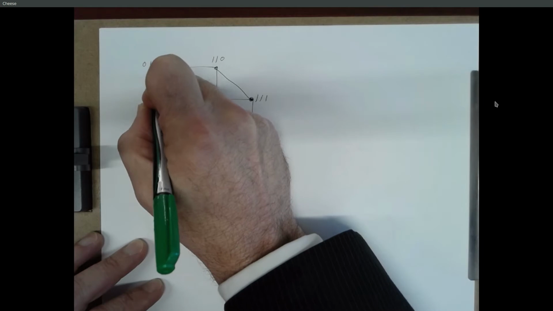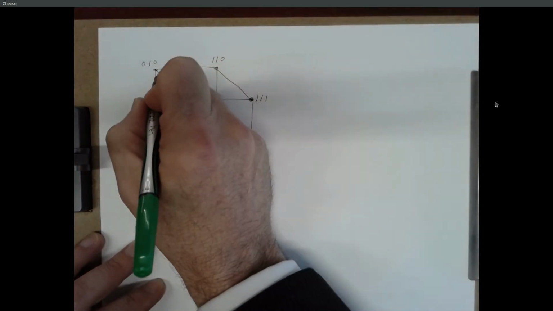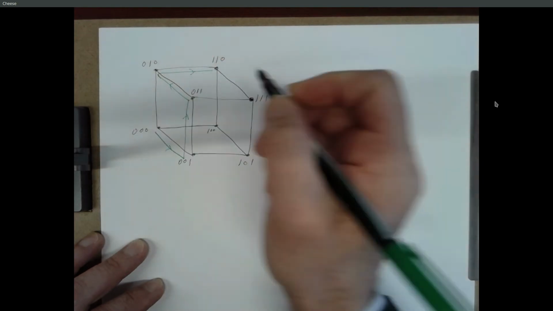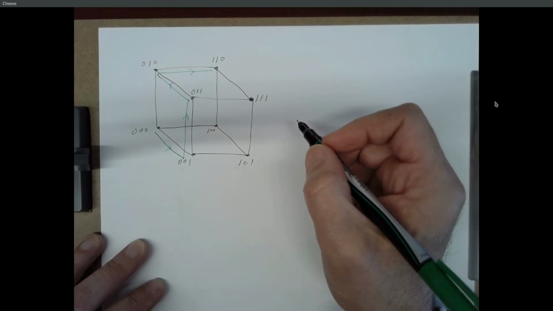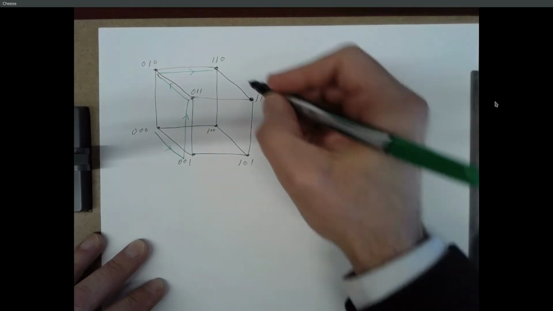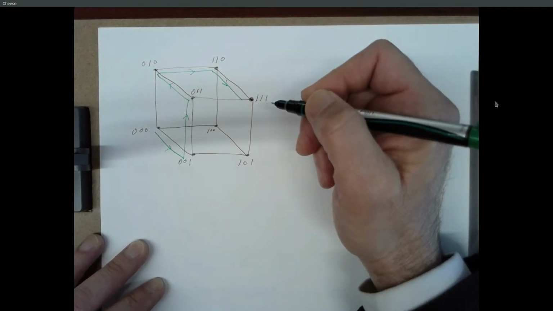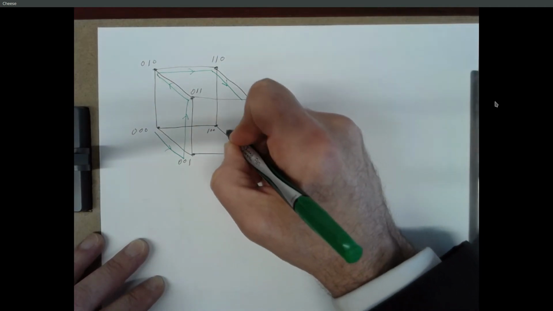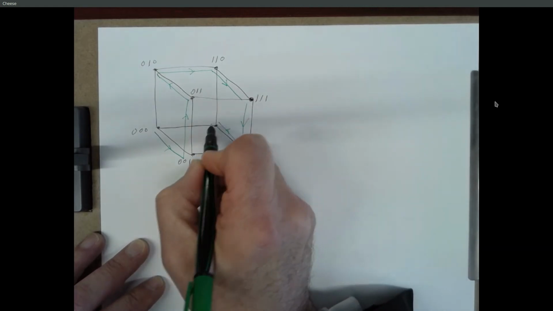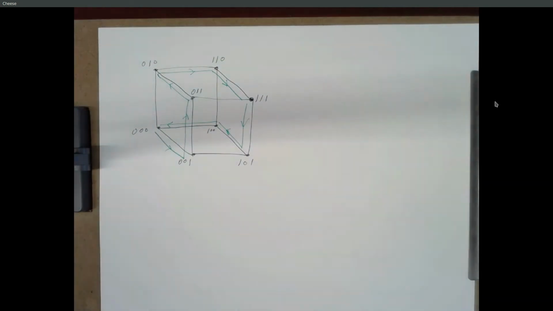And I'm going to scoot across. There's a circuit. So there's a Hamilton circuit through this graph.